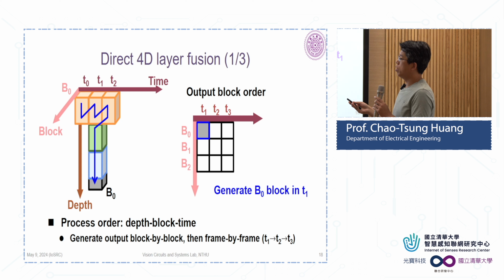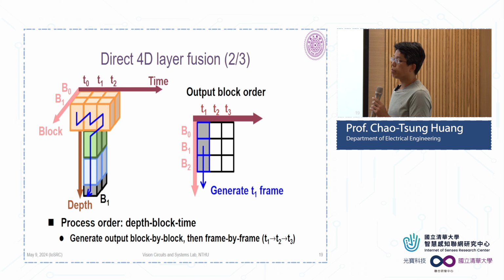For the conventional layer fusion technique, we will inference one block and then go to the next block. For each block, for example here B0, we will inference all of its related layers, extraction, alignment, and reconstruction first, and then we will move to the next block. Okay?